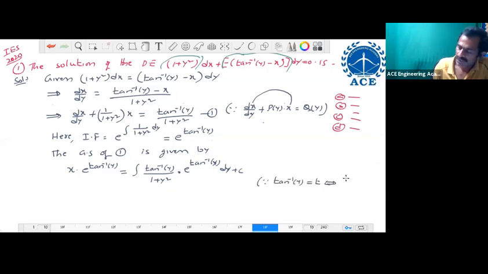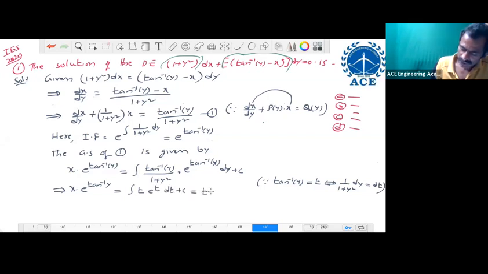Then 1/(1 + y²) dy = dt. With this substitution, x·e^(tan⁻¹y) = ∫ t·e^t dt + c.